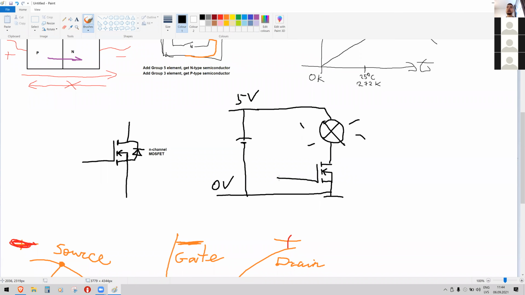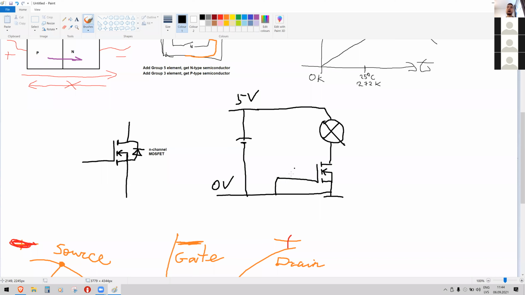If I connect the gate to 0 volts, there's no voltage between bulk and gate. So the channel is discharged and it doesn't conduct electricity. So I would delete these light drawings.